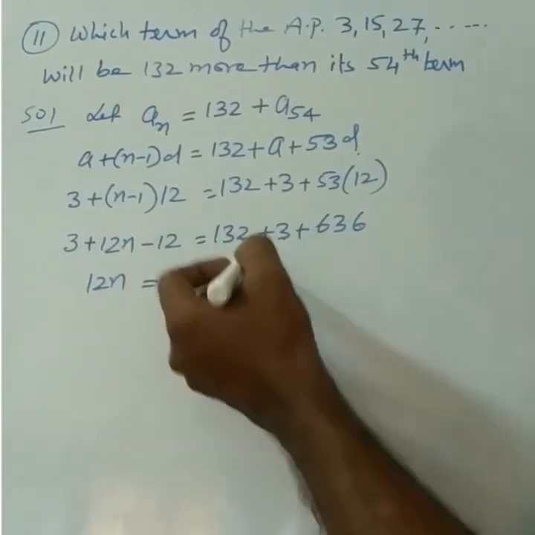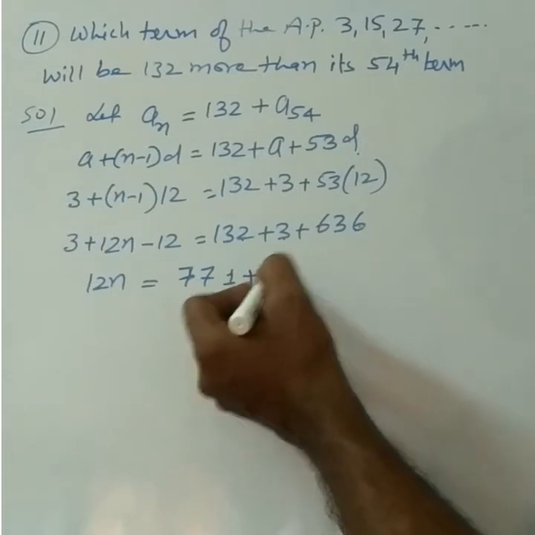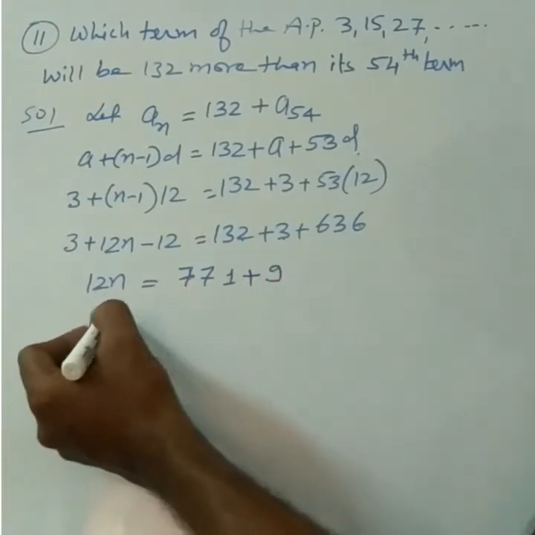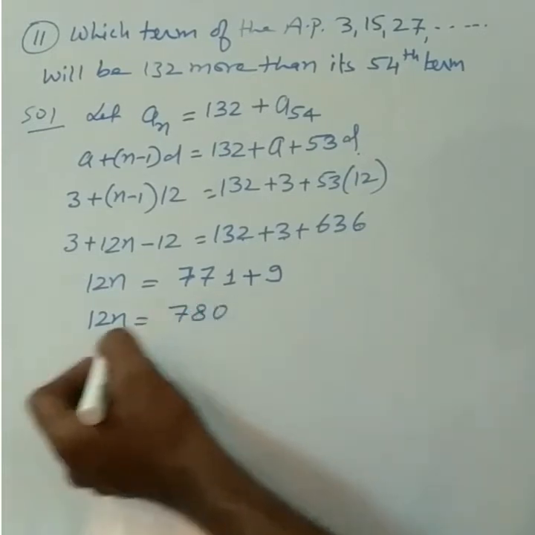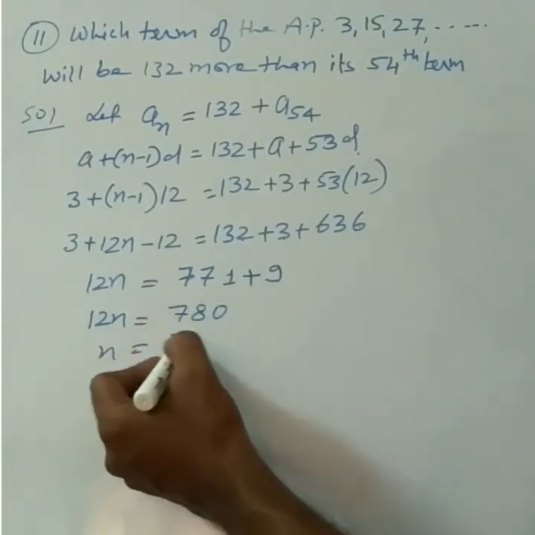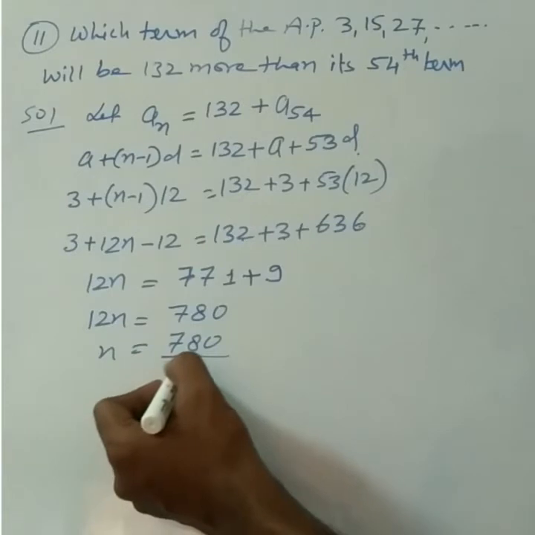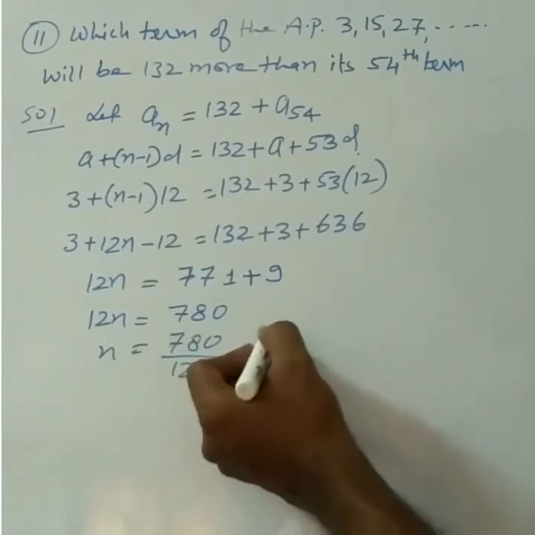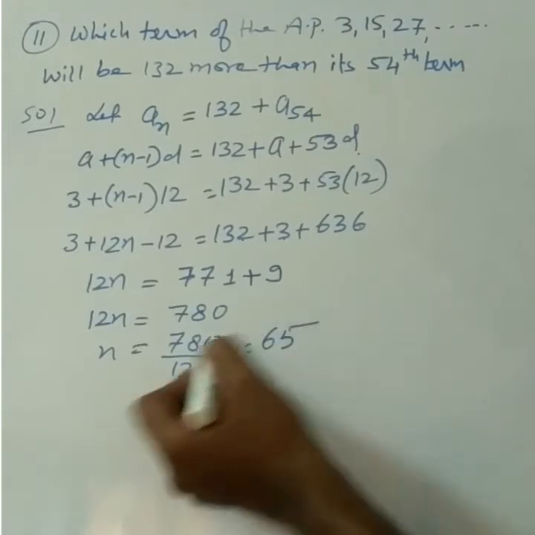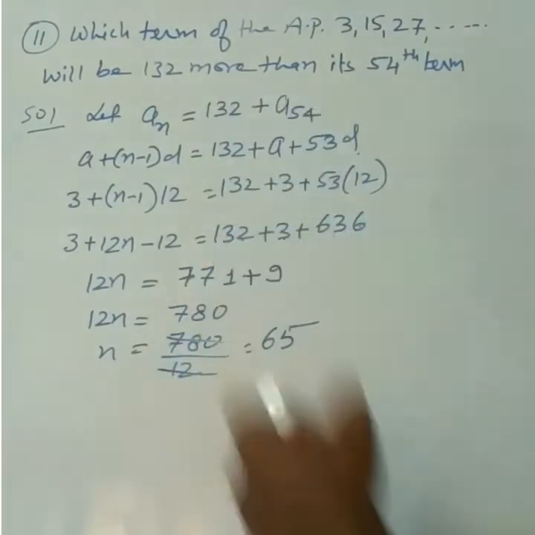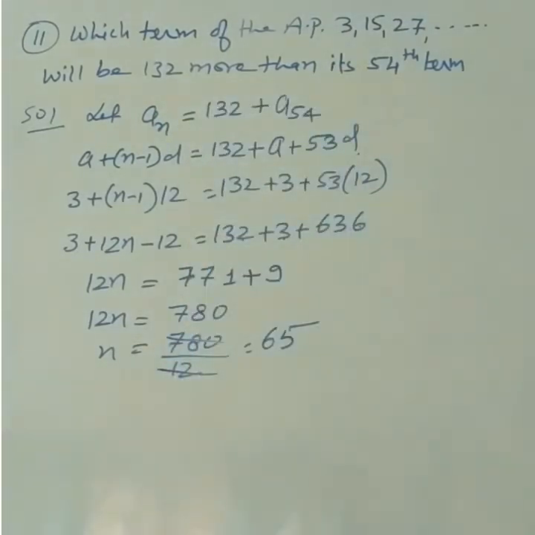That minus 9 will be shifted on this side, so plus 9. 12n equal to 780. N equal to 780 upon 12. 12 6 is 72, then 12 5 is 60. The 65th term is 132 more than the 54th term.